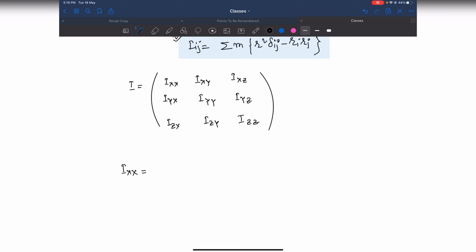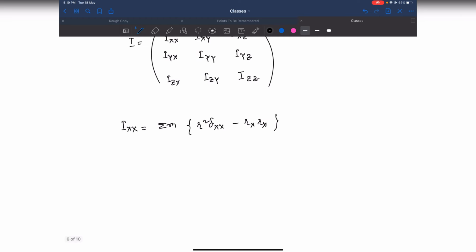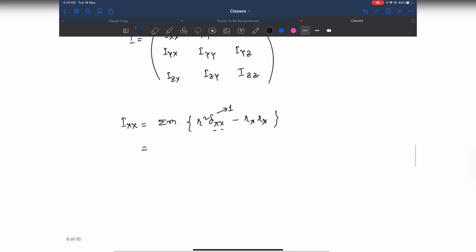First of all I will find Ixx, so I put x in place of i and x in place of j. We get summation of m, then r square and del xx, which is obviously 1 because these are the same. If it was different, like xy, then it would be 0.